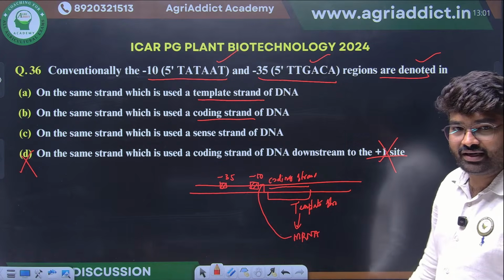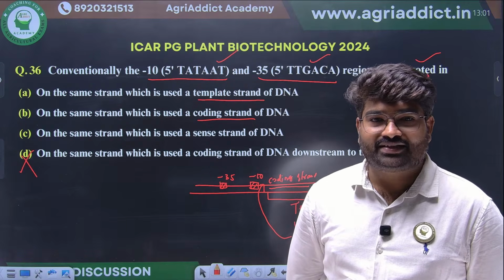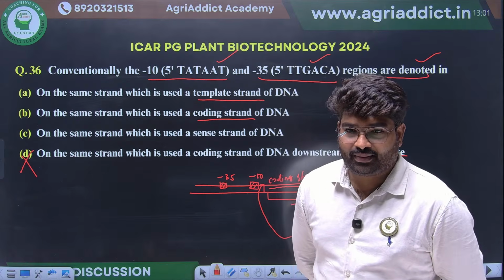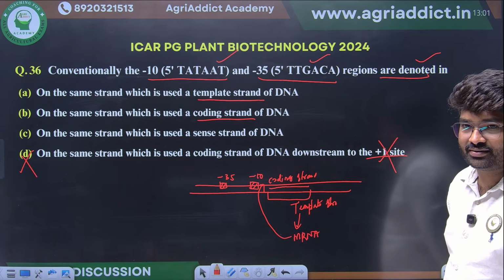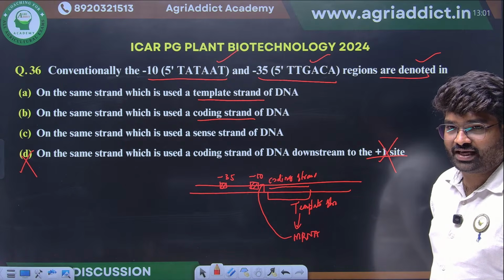So what will be the right option? Now you tell what will be the right option. Whether it will be present in the template strand or the coding strand. Template or coding? Now you can tell. Yes, you can see this, then you can tell. Just type your comments there.